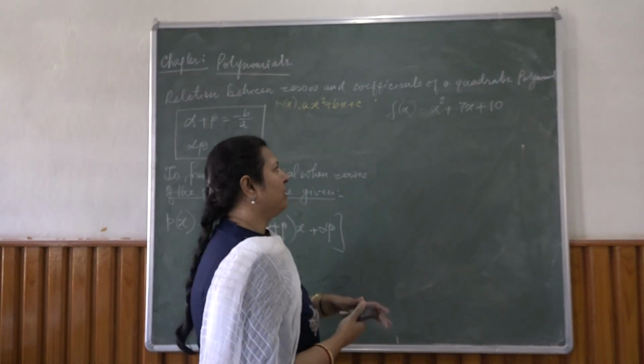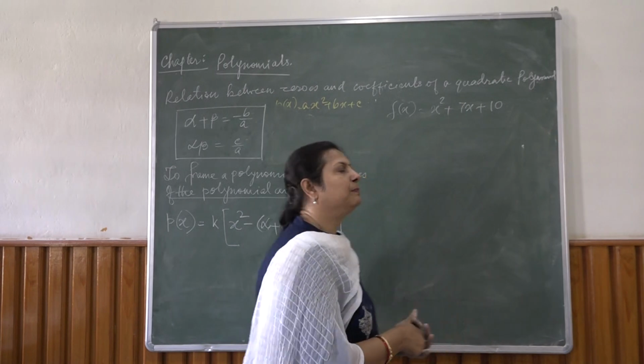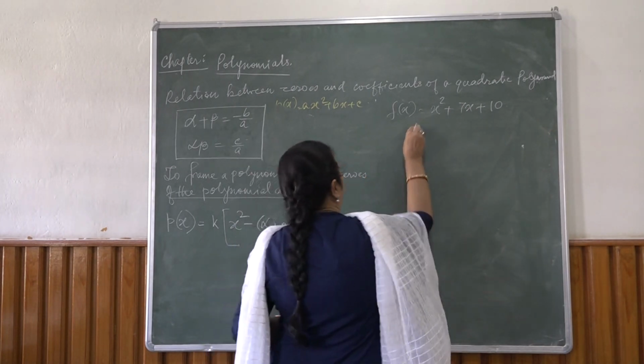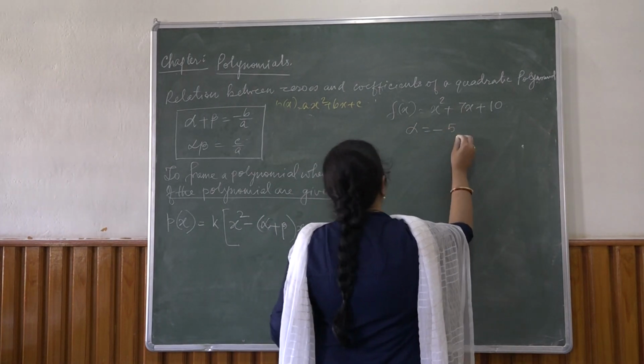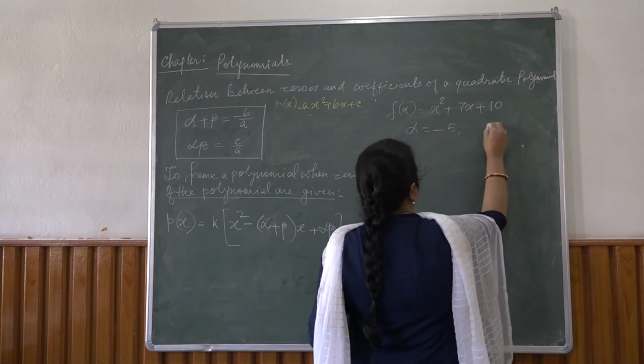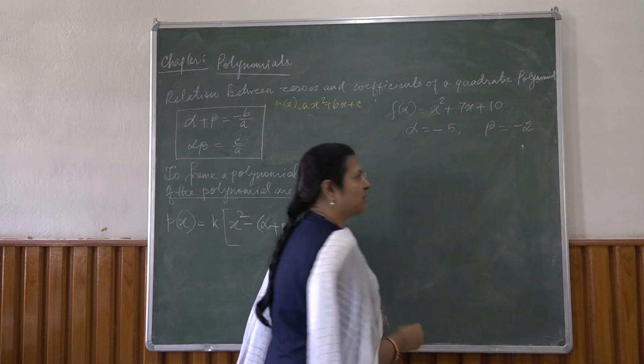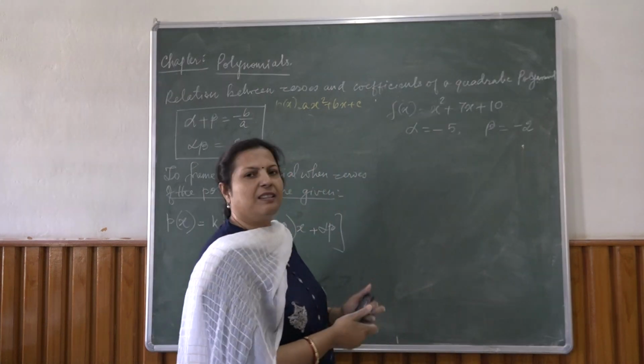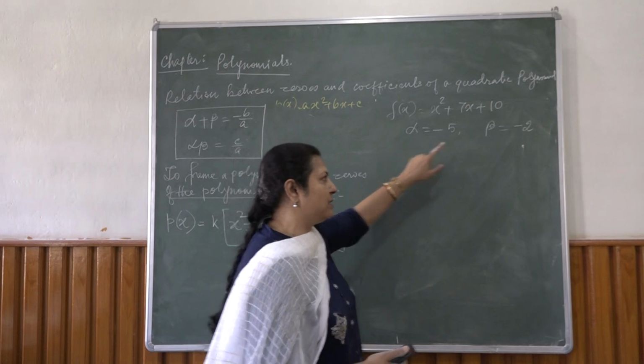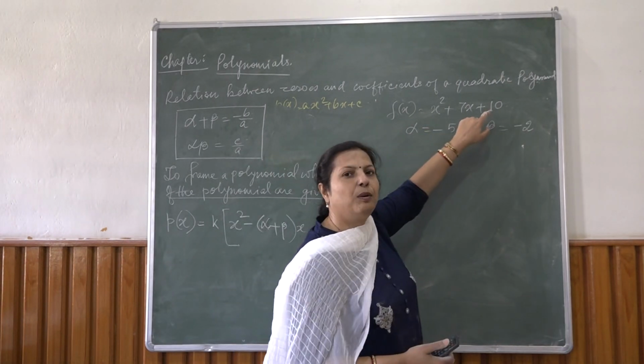Now this is one polynomial which is known to you. The zeros you have already calculated, alpha as minus 5 and beta the same as minus 2.